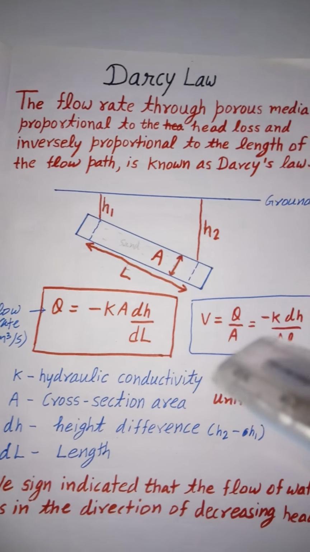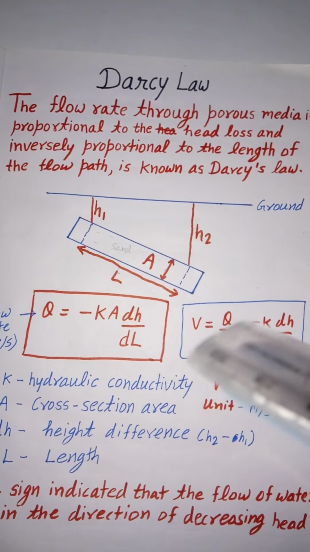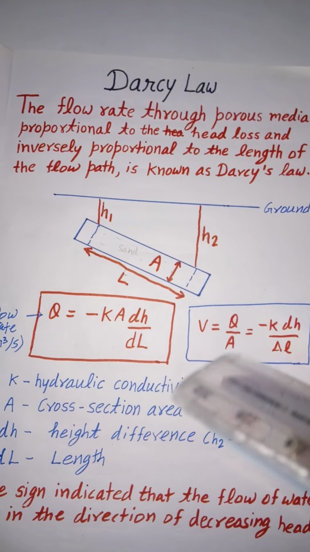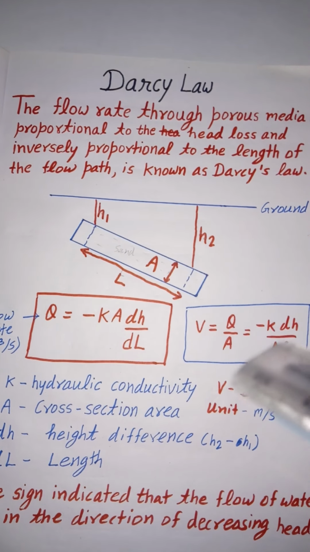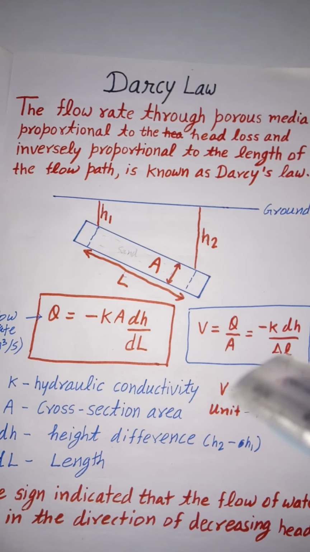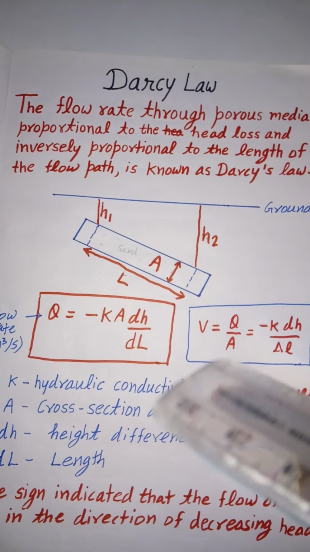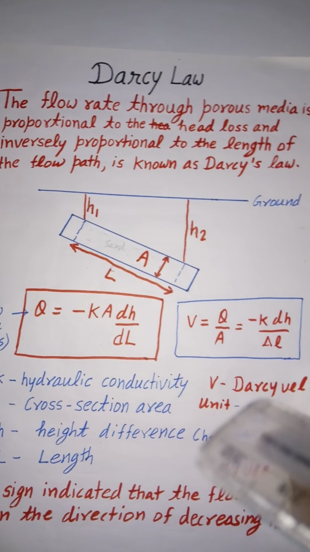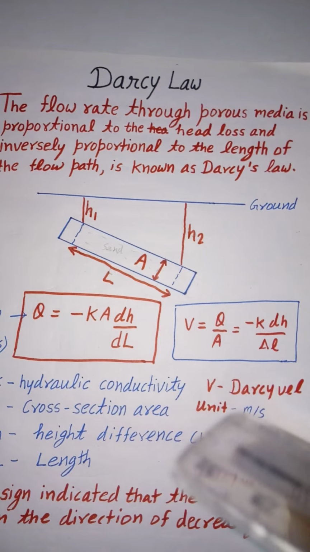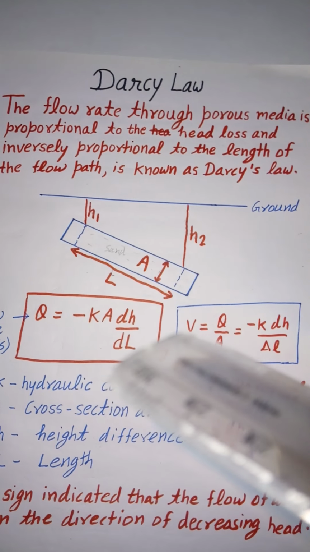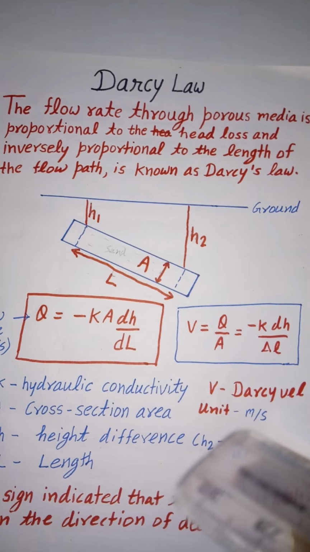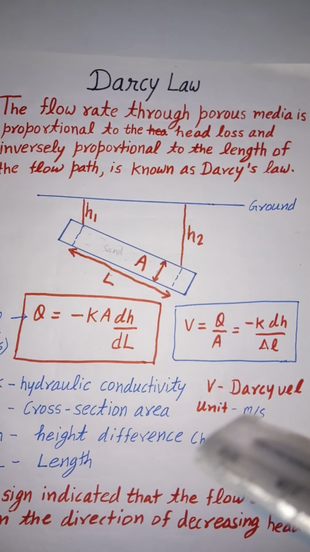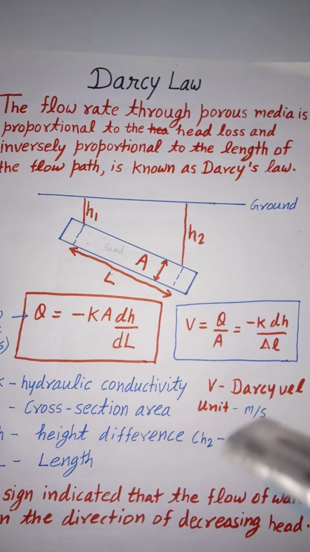So the same formula, we just interchanged the side, and the formula becomes Q by A is equal to minus K dH by dl. Q by A is basically the Darcy velocity. We represent it with V, and its unit is meter per second, which is also the unit of velocity.